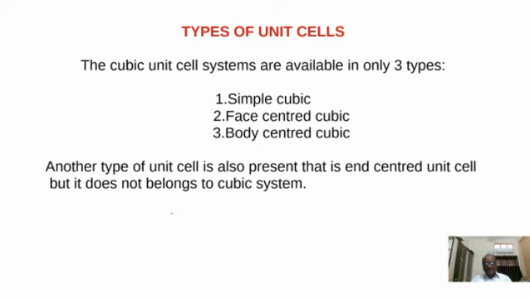So in the cubic system, the unit cell contains only three types: simple cubic, face-centered cubic, and body-centered cubic. This depends on the arrangement of lattice points. We know what is the meaning of lattice point: it may be an atom, a molecule, or an ion. Depending on the arrangement of lattice points, these types are classified as simple cubic, face-centered cubic, body-centered cubic.